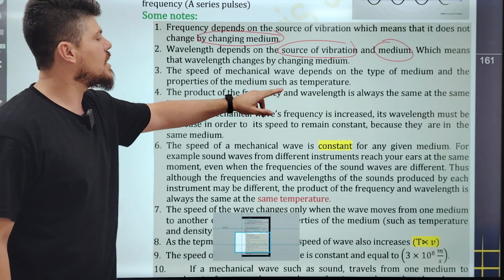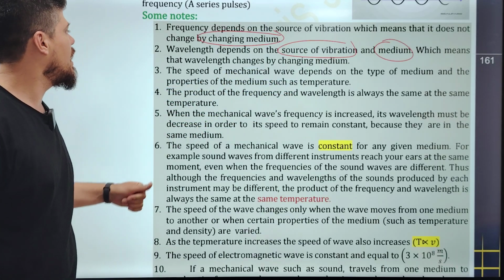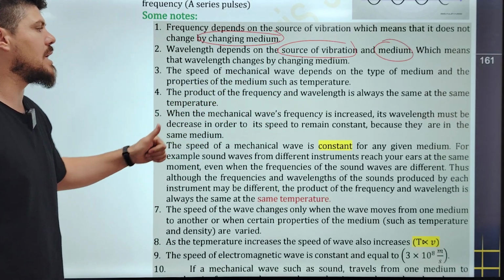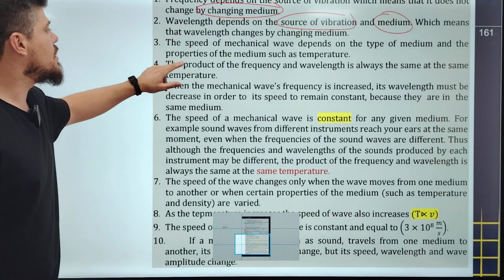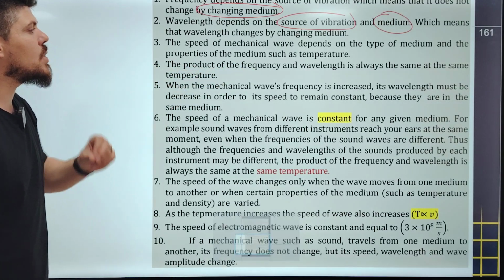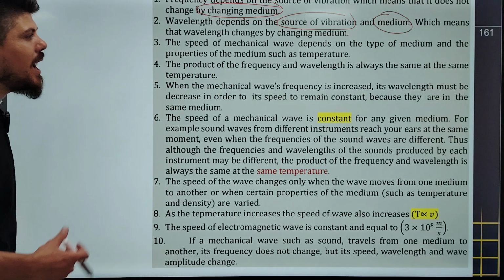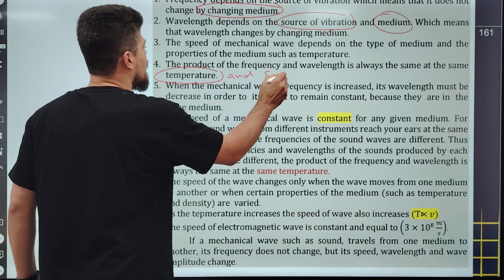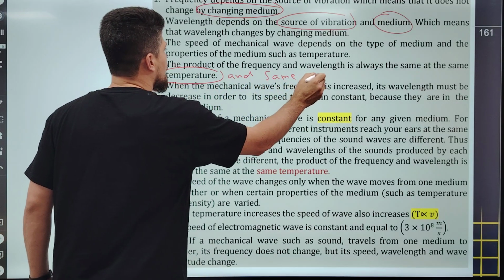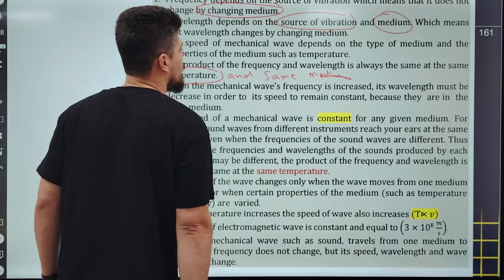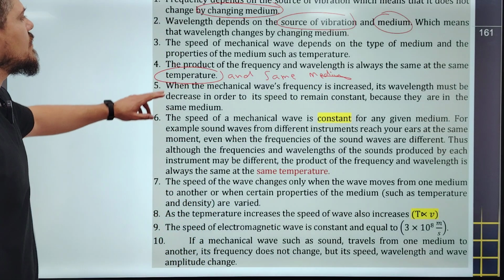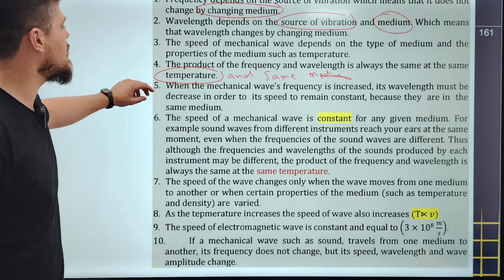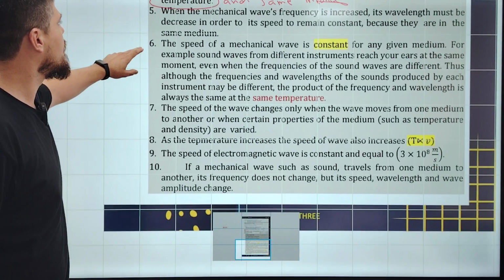The speed of a mechanical wave depends on the type of medium and the properties of the medium, such as temperature and density. The product of the frequency and wavelength is always the same at the same temperature and the same medium.